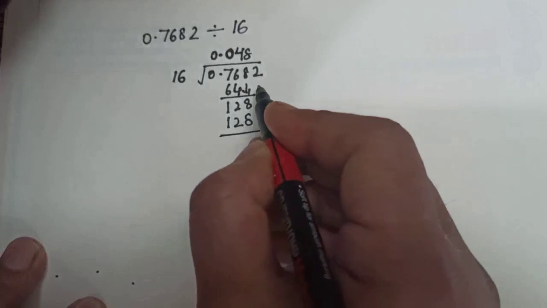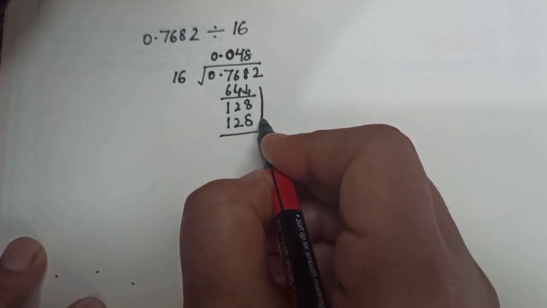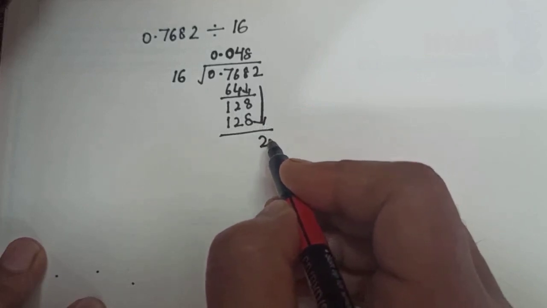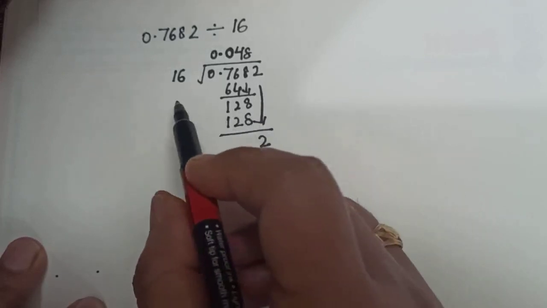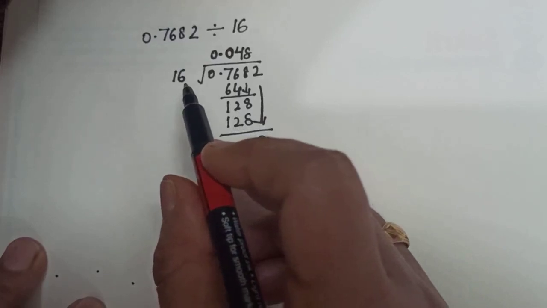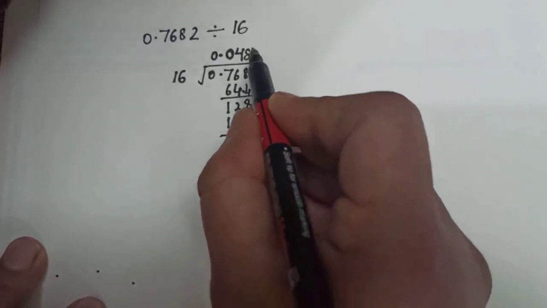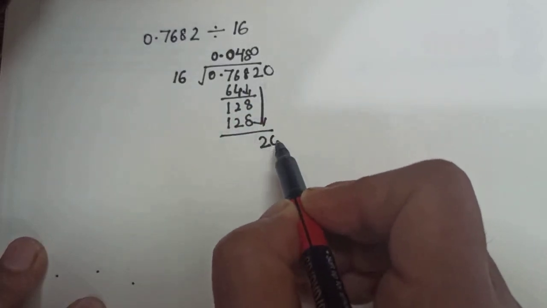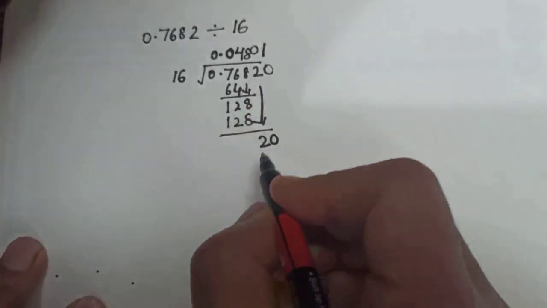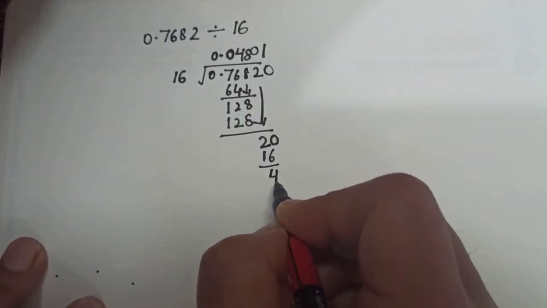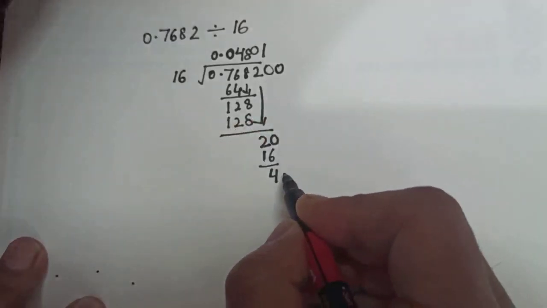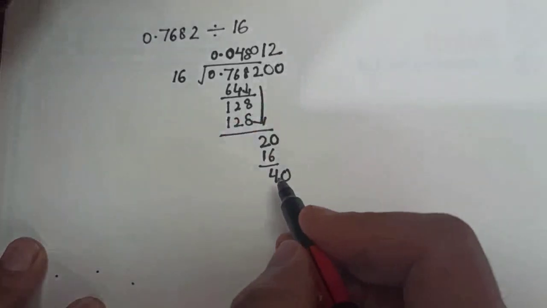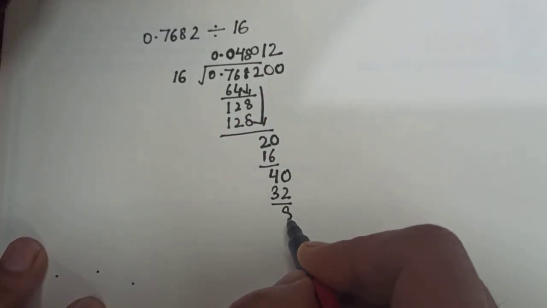Now when we bring this 2 down, this 2 cannot be divided by 16, so what we will have to do, we will put 0 here and 0 here to bring this 0 down. Now 16 ones are 16. Again 0 we will put in the end. 32, 8 remainder.